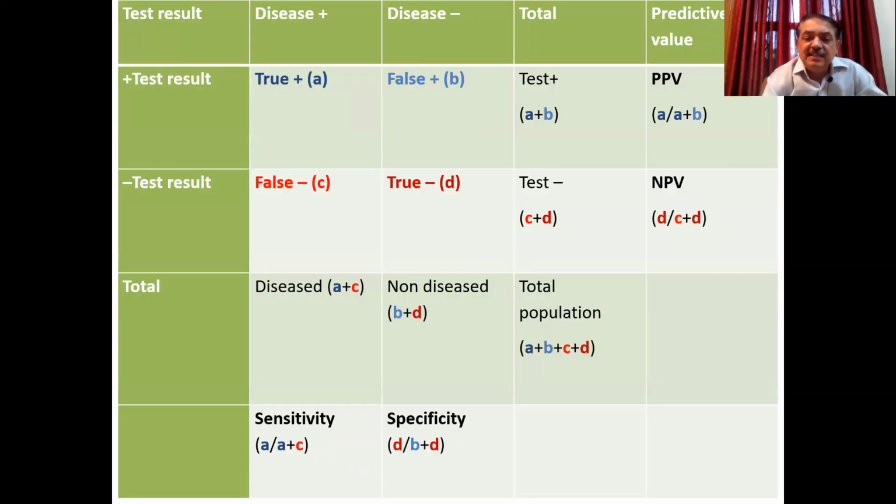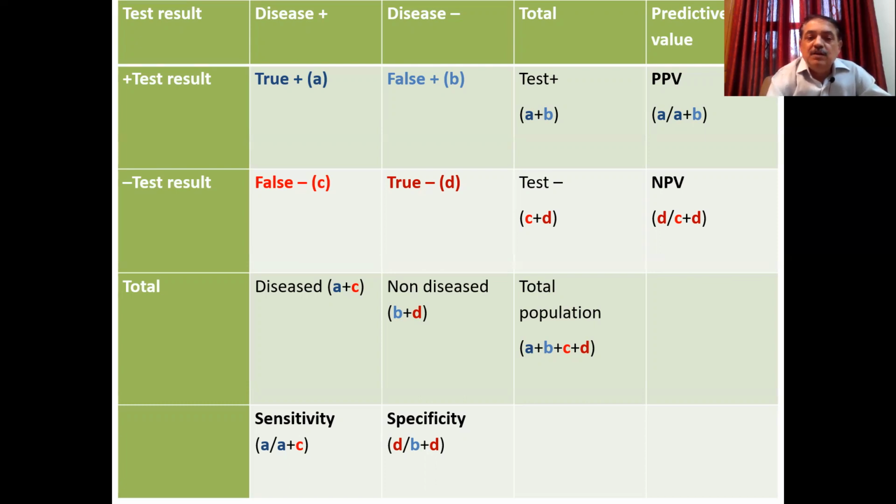Now, just see this table: how the tests are conducted, what is the test result, and how disease is identified. When you see the first row, the positive test result, if you get it in the diseased, that is a true result, A, that is true positive, given by the dark color.